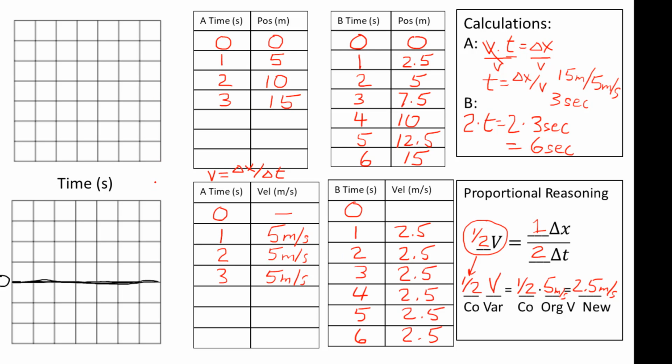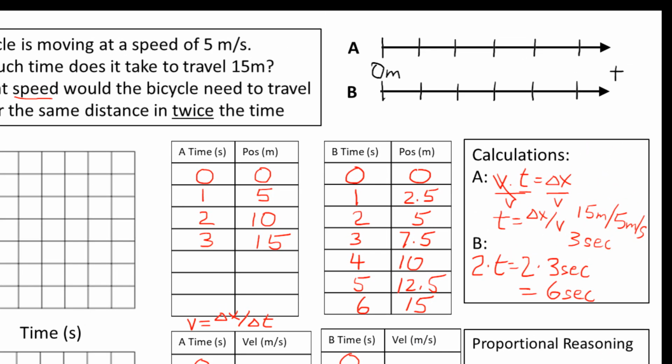The order in which we make the motion map and the position versus time and velocity versus time graphs doesn't matter that much. We could do one and then the other, but I'll do the motion map first. I'm going to be going up to a distance of 15 meters, and I have 5 divisions there, so I'm going to go in 3-meter steps along here.